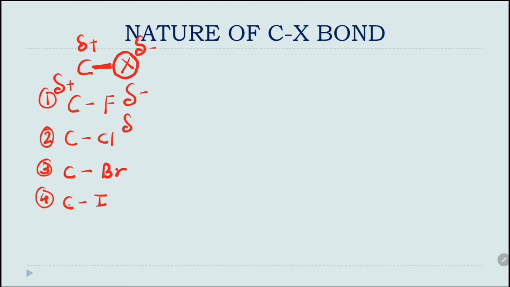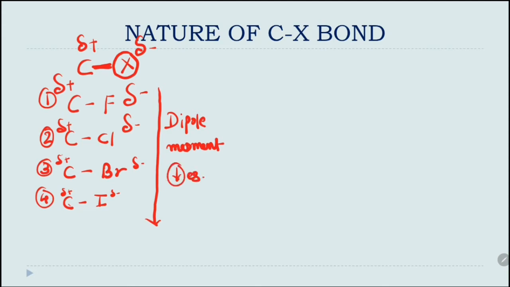Then it will be chlorine, after that bromine, and the carbon iodine bond will have the least charge separation. So when we move from up to down, their dipole moment is decreasing. I think it is clear to all of you why it's decreasing: because of the decrease in electronegativity of halogen atoms.